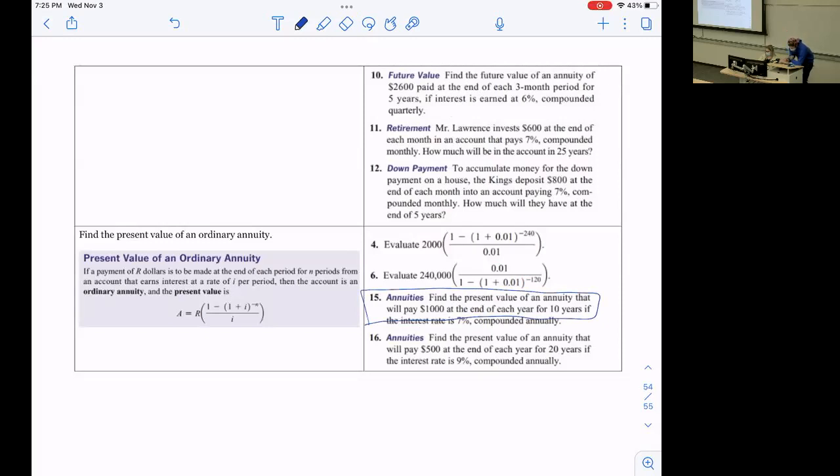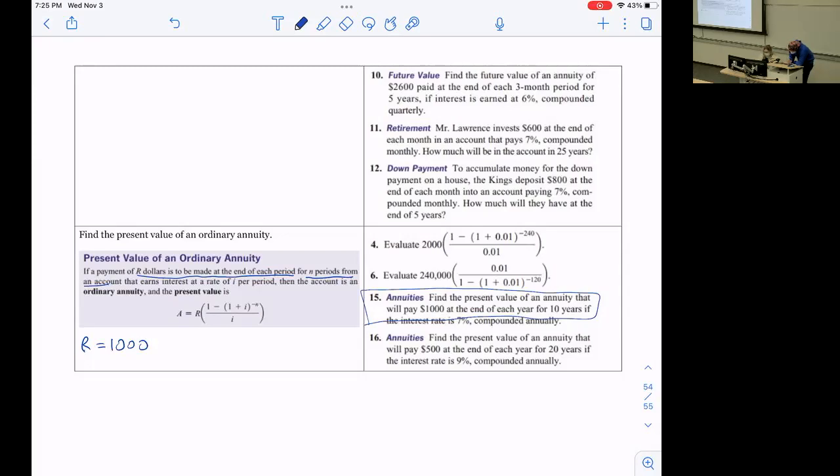So we know that R is the amount to be made at the end of each pay period. So that's how much we're going to pay at the end of each pay period. So we're going to pay $1,000 at the end of each pay period. So R is 1,000. We know that we have N periods from an account. So how many periods?